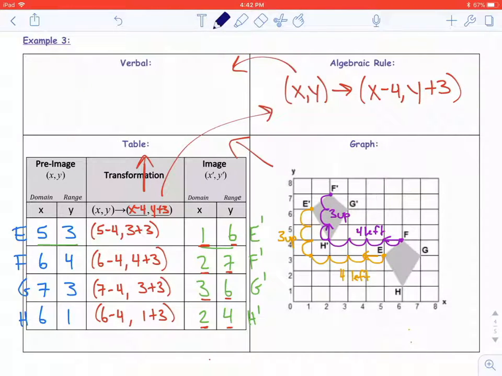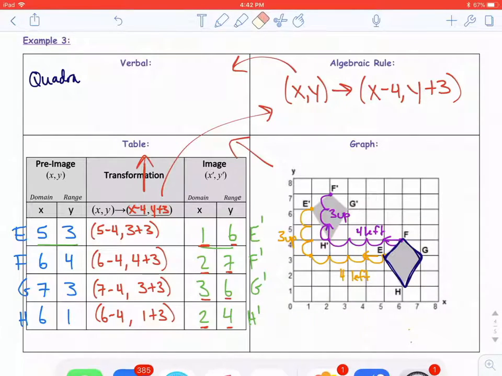So let's say this does look like the shape of a kite, but we're not absolutely sure that's what that shape is. So let's call it quadrilateral to be on the safe side. So quadrilateral, let me back up a little bit and make sure I spell that right. Quadrilateral EFGH.